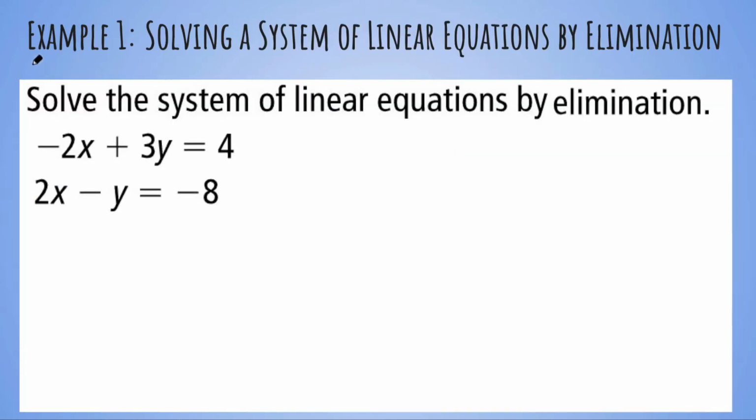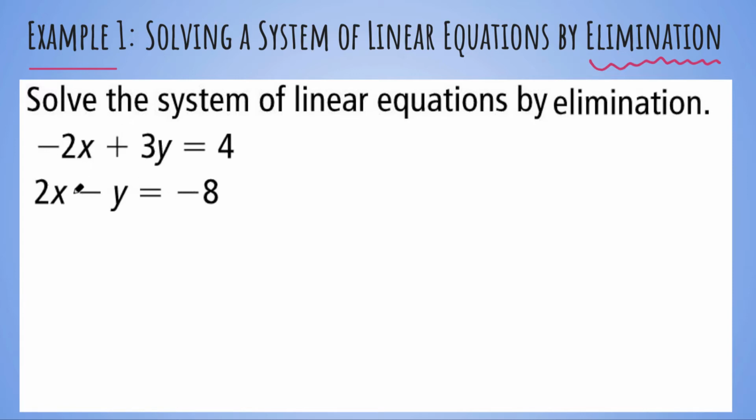We're taking a look at our first example to use this process for solving systems of linear equations using what we call elimination. Our first step is to multiply through by a constant in order to have the opposite sign on one of the terms so that when we add them together, the terms cancel out.